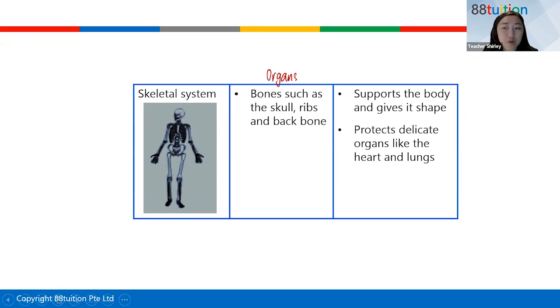Because it's the skeletal system, the organs are bones, such as your skull, your ribs, your backbone. And the functions are to support the body and give it its shape. It also protects organs, so it's not just giving it its shape. It supports the body, gives it shape, and protects organs such as your lungs and your heart.